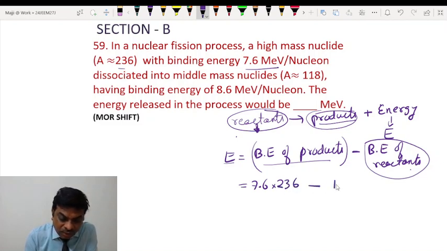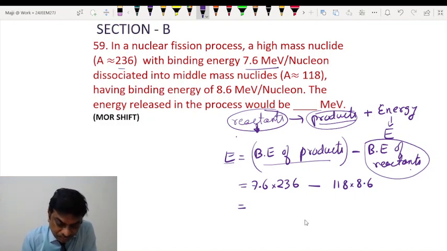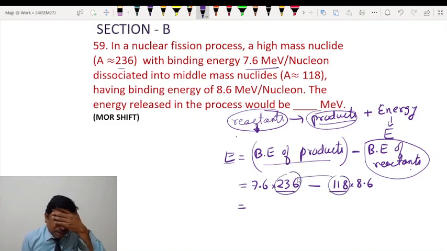Similarly, for 118 per nucleon, it is 8.6. Now, 118 is half of 236, is it?